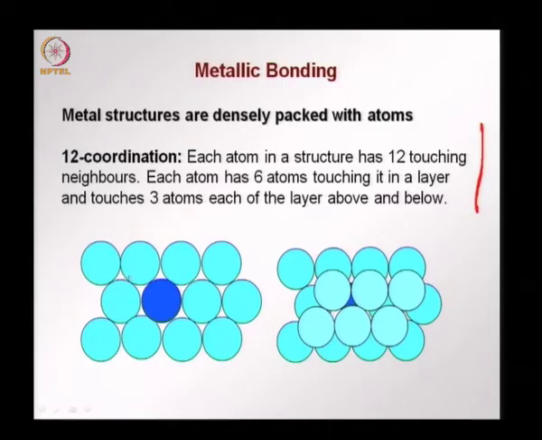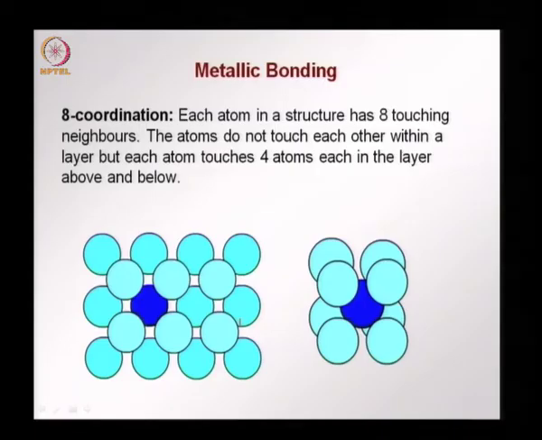So, in one plane we have this atom surrounded by 6 other atoms. When we think of the plane above and below it, we will have 3 atoms touching this particular atom. So, we have 12 atoms touching the one in the middle, giving rise to what we call the 12 coordination, which is a densely packed structure. You can imagine that the atoms are all densely packed in this particular configuration.